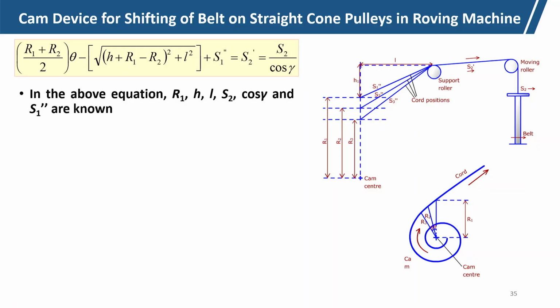In the above equation, R1, this is the R1 maximum distance, H, this is the H that can be, maximum distance is known, H is known, L can be calculated, S2 is known, and cos gamma and S double dash. So, all these things are known.